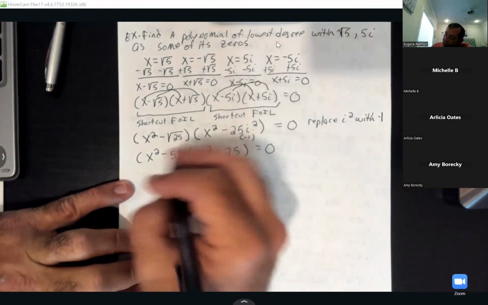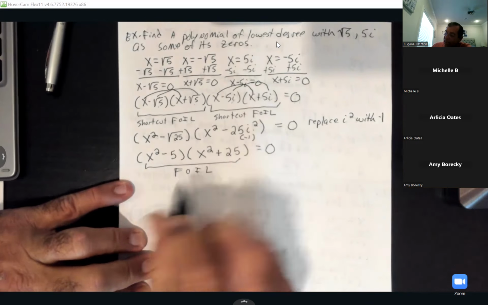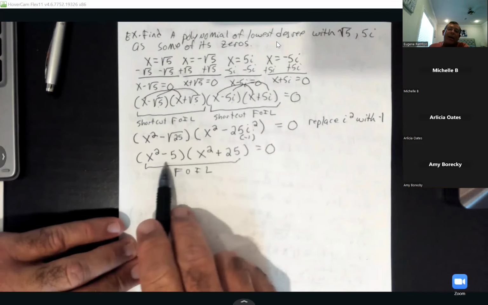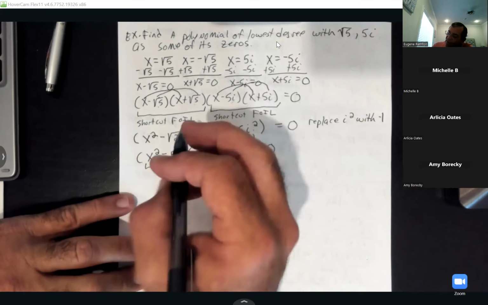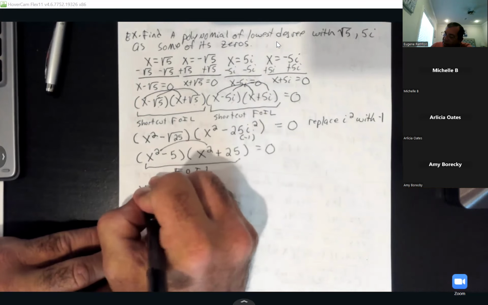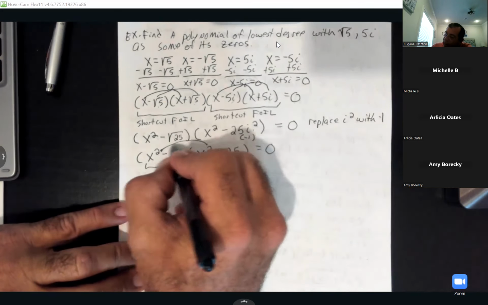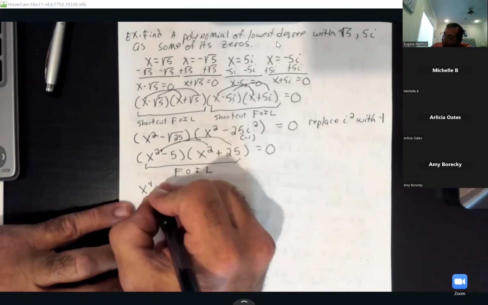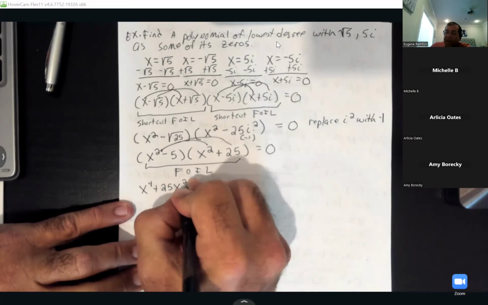All right, y'all, so 2 things times 2. Now I get to FOIL this out. Now, these are not conjugate pairs, so we got to actually FOIL it all the way out, okay? So here we go. x squared times x squared is x to the 4th. x squared times 25 is a 25x squared.